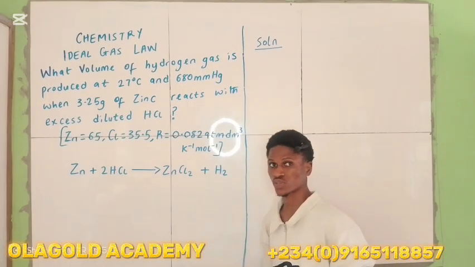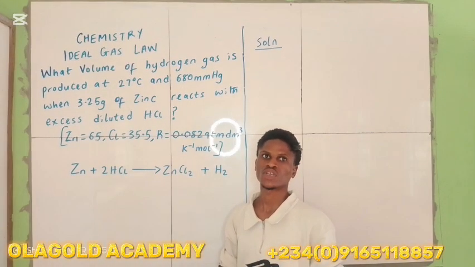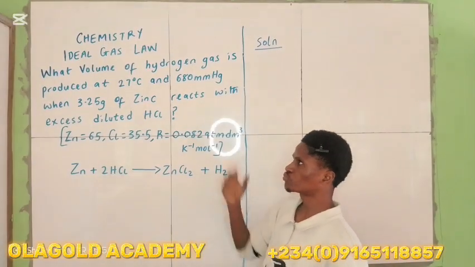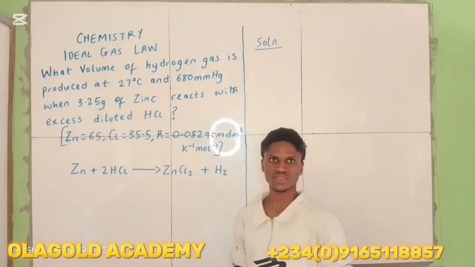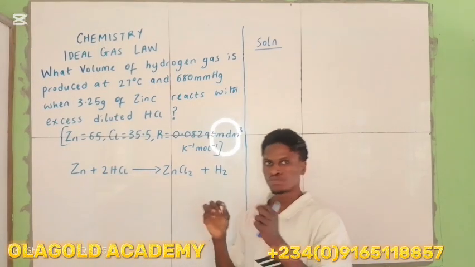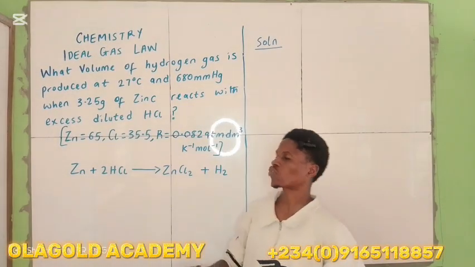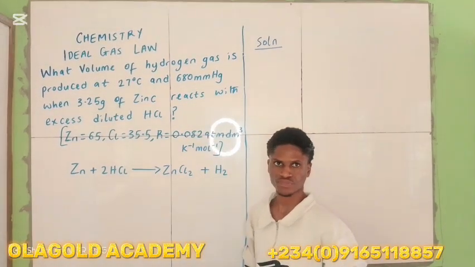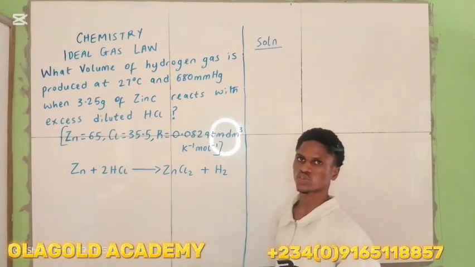Now this question combines two topics. The first is the mole concept. The second is the ideal gas equation, or ideal gas law. Without wasting much time, let's go into the calculation.